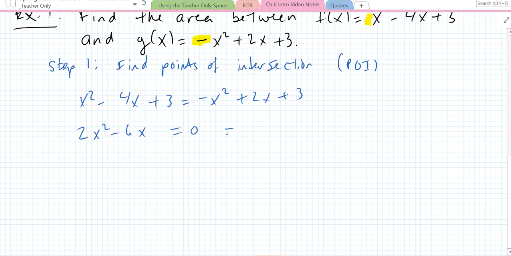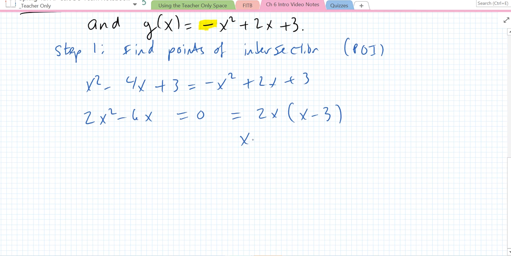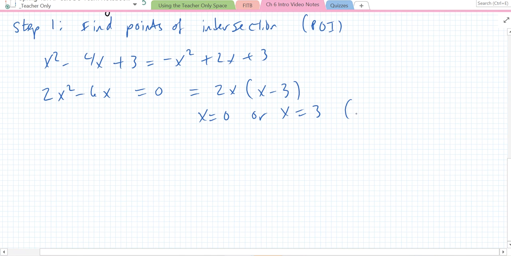I knew something was wrong. I factor out a 2 and an x, and that leaves me with x minus 3. And since that's equal to 0, that means that x equals 0 or x equals 3. So those are the x values for my points of intersection. I have to go find the points, but these are the x values.